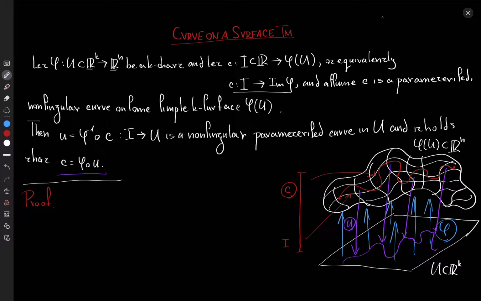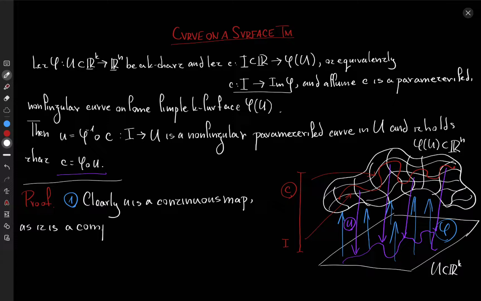But how do we prove this, though? Well, the first claim we can get quite easily. So, 1, clearly u is a continuous map, as it is a composition of two continuous maps.